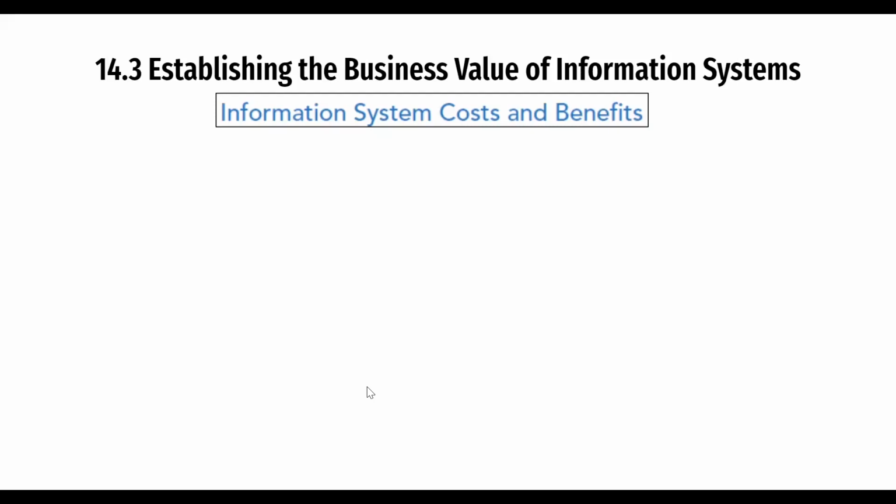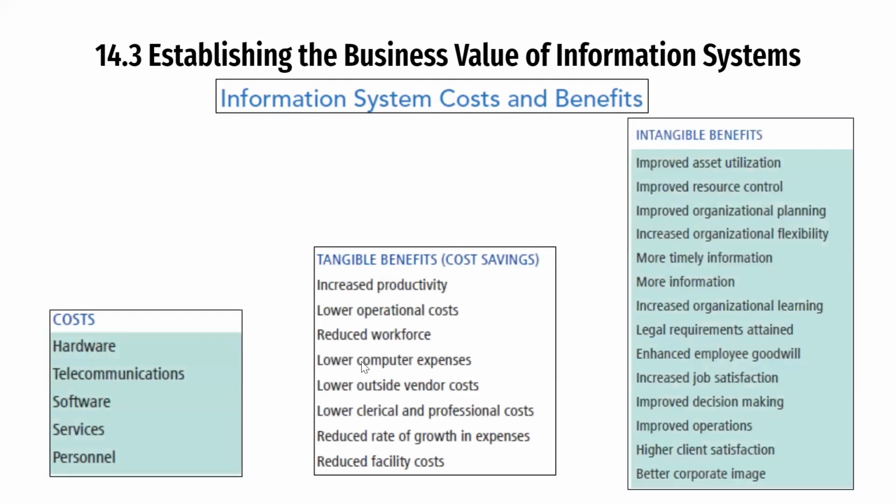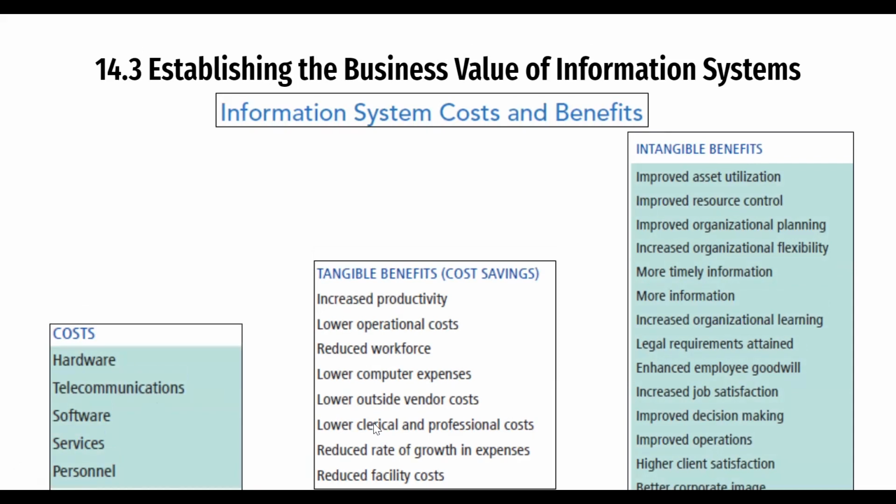So here is table 14.3. This is an example of costs and benefits of information systems. I just separated the table. Yan. So, under costs, under tangible benefits, and included also in the costs and benefits are the intangible benefits. So, going back to tangible benefits.